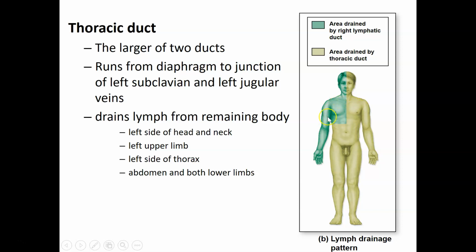Right duct is draining from the right side of the thorax, head and neck, right arm. The thoracic duct is draining from the left side of the head and neck, thorax, and left arm. But everything inferior to the diaphragm, basically, is going to be drained into the thoracic duct.